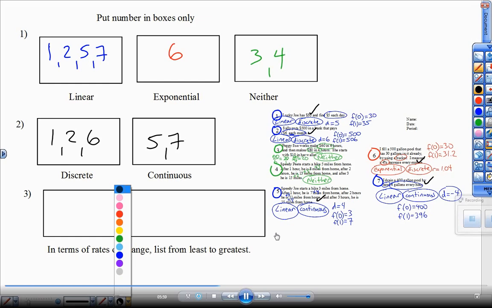Rates of change, I'm going to compare my D numbers, which always are the least, and your R numbers always the most. Straight lines will never have as great a rate of change as those curved ones. So all my low common difference numbers, my lowest is negative 4, which is problem 7. The next lowest is this D equals 4, which is problem number 5.